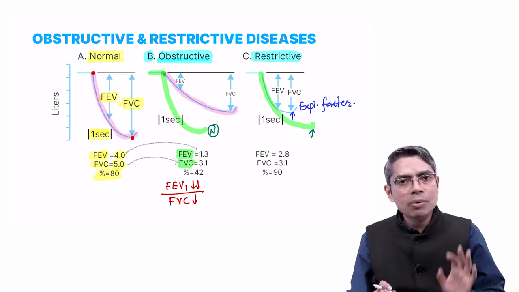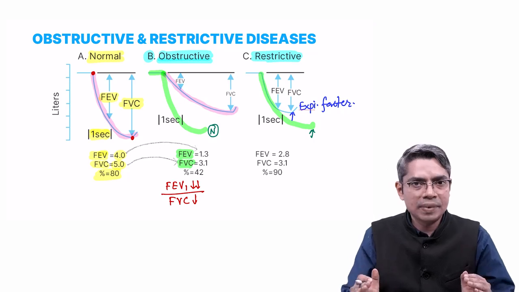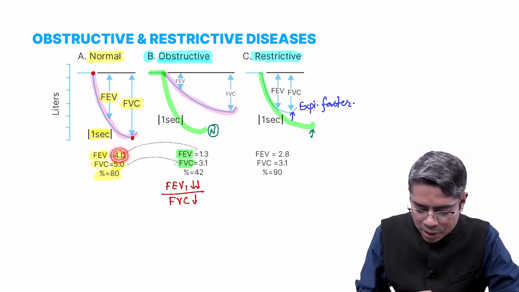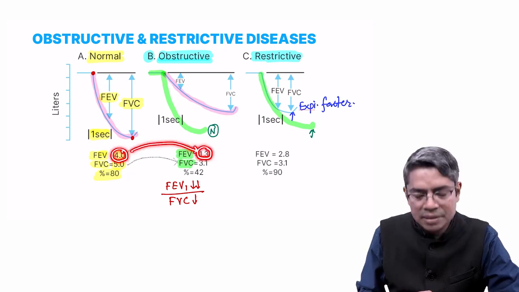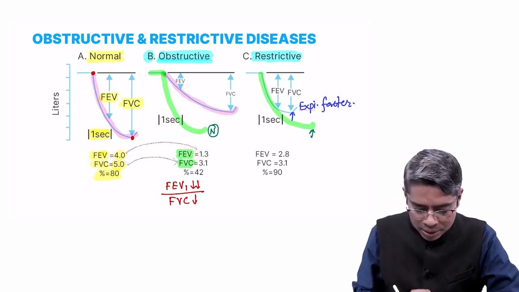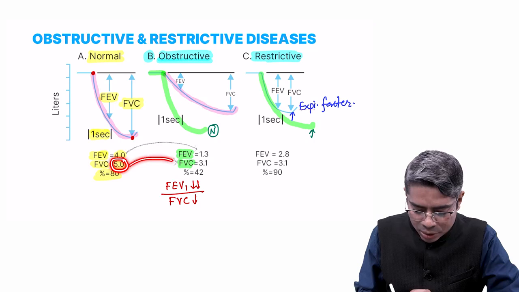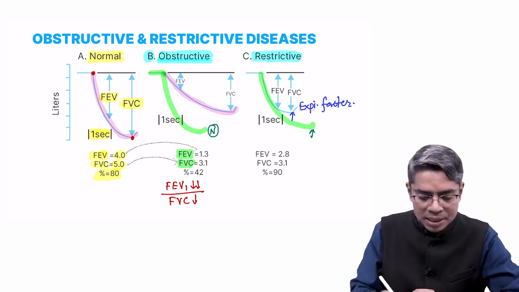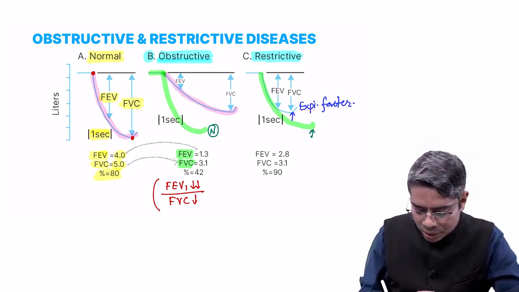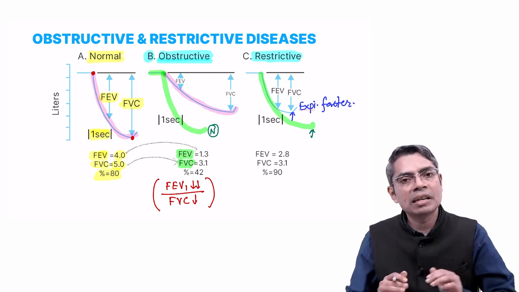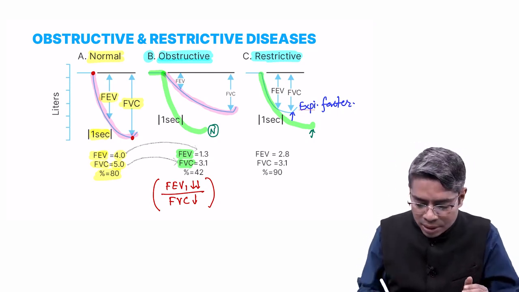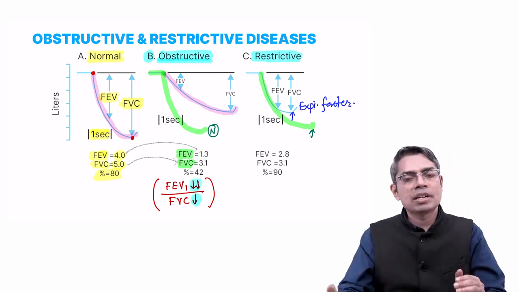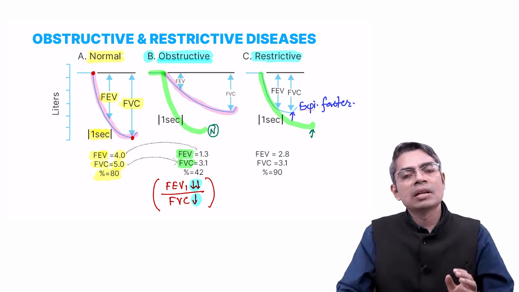But now if I look at the reduction amount, I can easily find out that FEV1 has reduced from 4 liter to only 1.3 liter, very severe reduction. But FVC has been reduced from 5 liter to 3.1 liter. Reduction is there, but that reduction is not severe. Means if I take this ratio, the Tiffeneau ratio, FEV1 upon FVC, then I am finding out that FEV1 is also reduced, FVC is also reduced, but which one has been reduced much more?